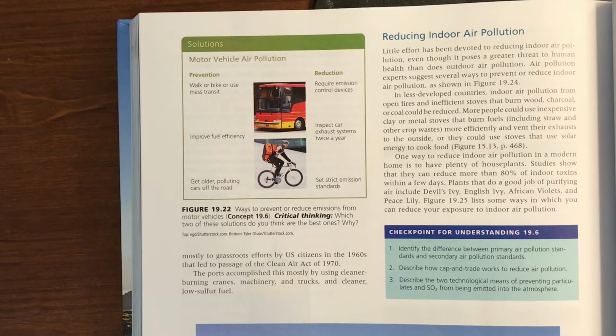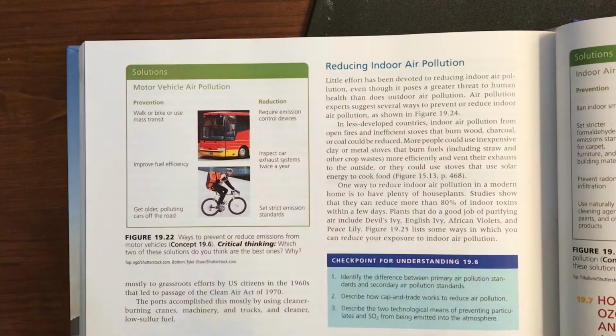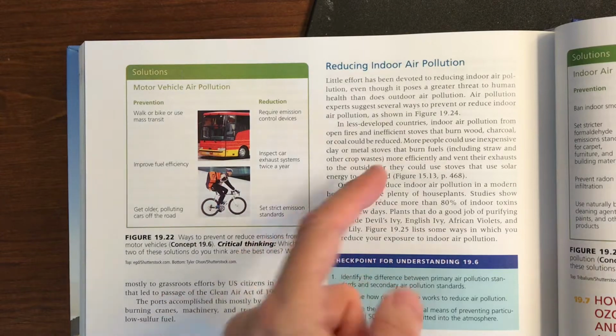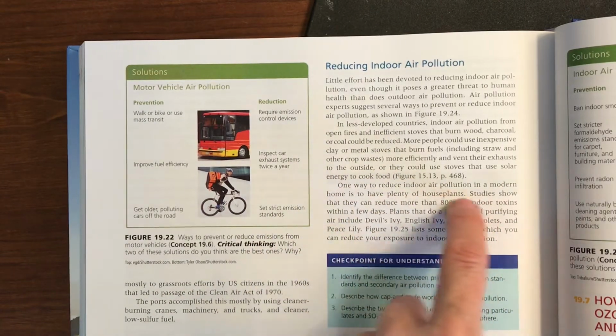And then what about indoor air pollution? Again, active ventilation. That is, it's not just opening windows. You have to open 2 windows. In the case of radon, you have to have an active pumping system because that gas is so heavy. This one right here, plenty of houseplants, I would kind of avoid this.